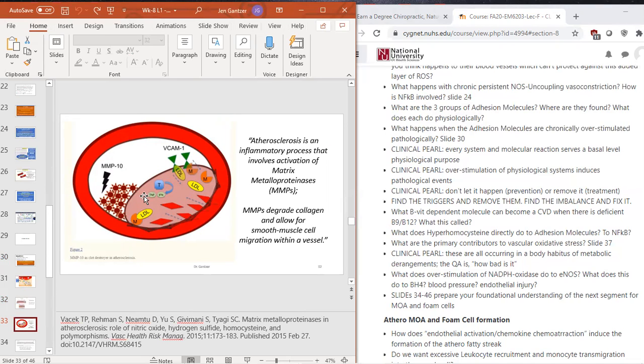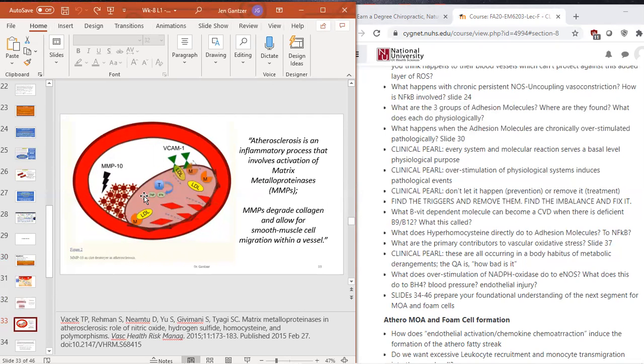proteinases. Now, why is this bad if we're thinking about atherosclerosis? Why do we not want excessive metalloproteinase collagen-degrading enzymes in an atherosclerotic vessel? Well, remember your atherosclerotic plug.